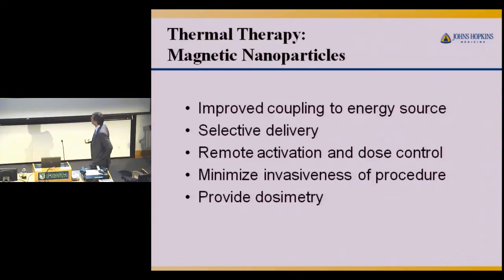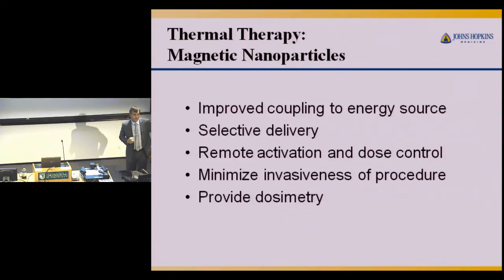And that's really the goal. If we have selective delivery, now our heat, our therapeutic agent, is delivered to the intended site, and its delivery is minimized elsewhere.